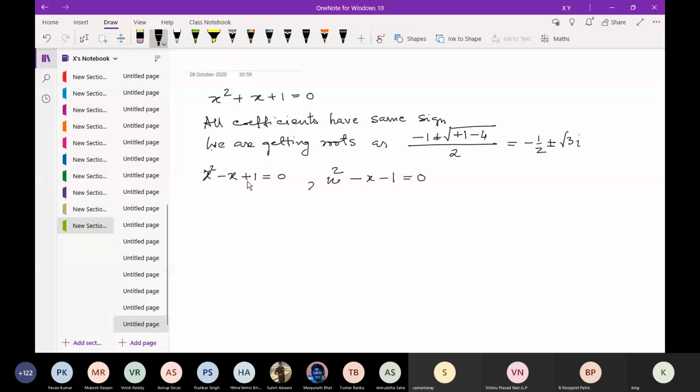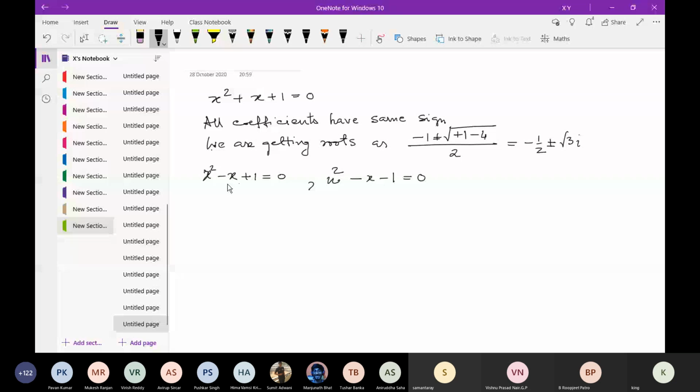See, if your b is positive, for instance, a negative, then that itself tells you that you are going to have a real positive part, and real positive part is not something that we want.